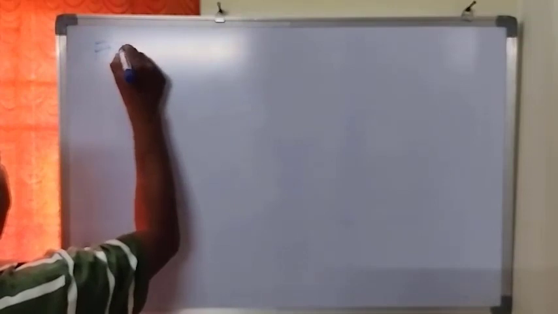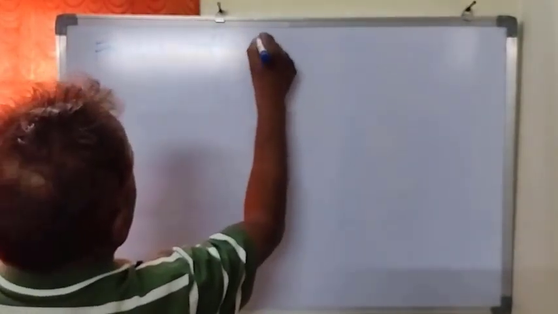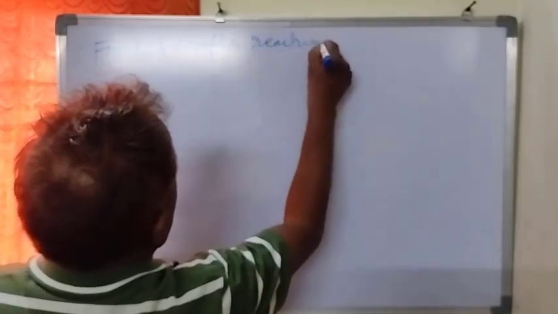Now let us see another reaction, that is Friedel-Crafts reaction. In Friedel-Crafts reaction, alkyl group, acetyl group, benzoyl group can be introduced on the benzene ring.